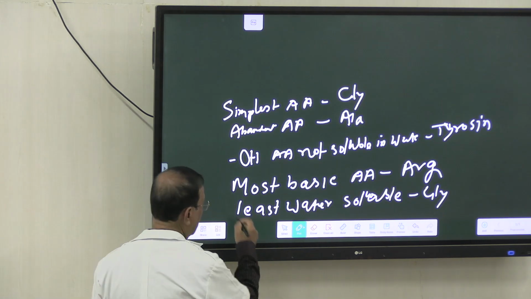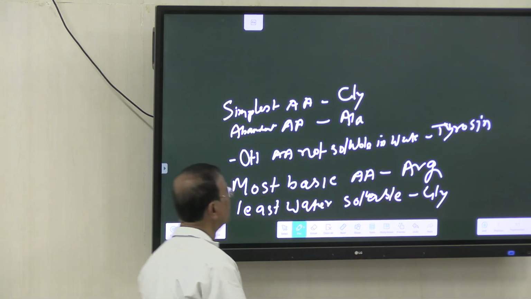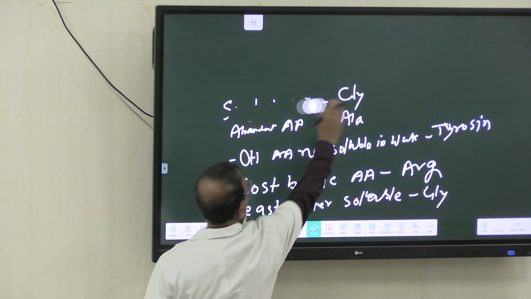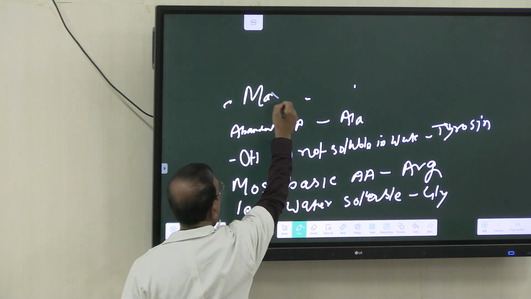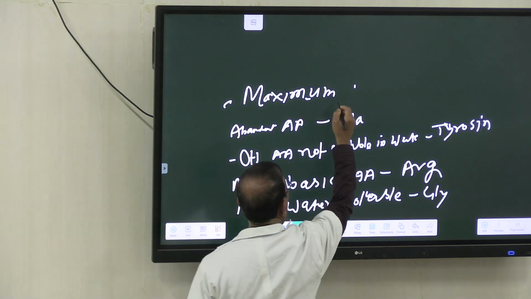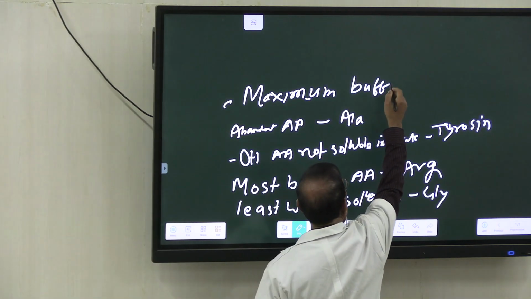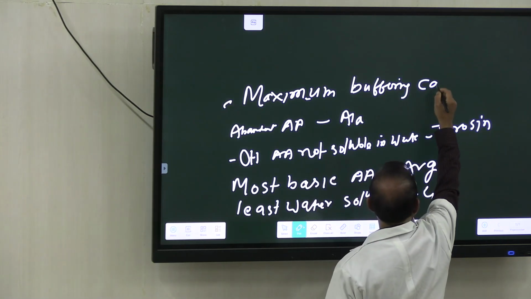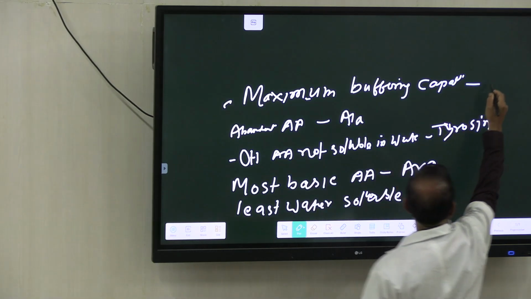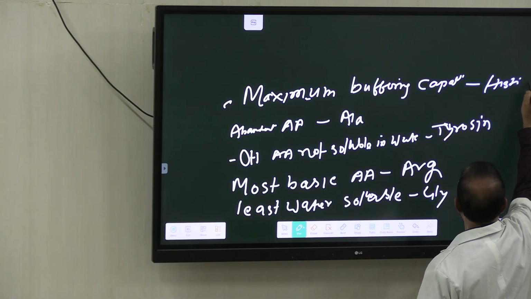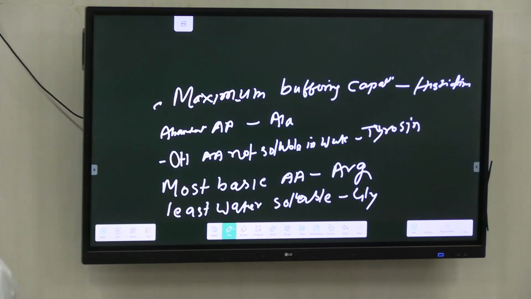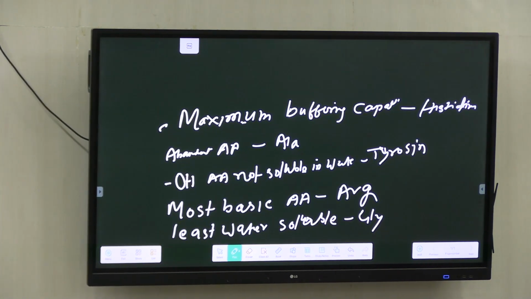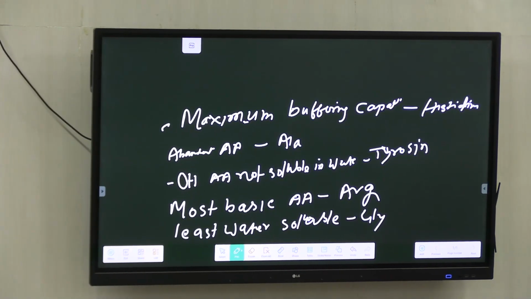Maximum buffering capacity: histidine. Most ketogenic: leucine.